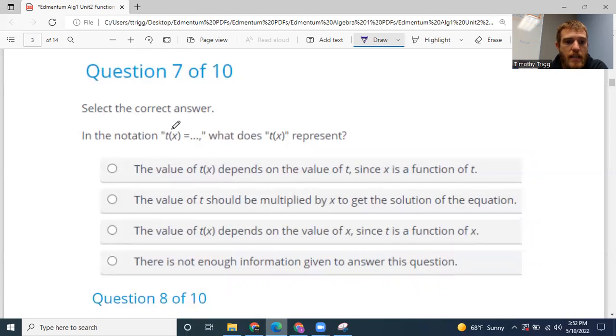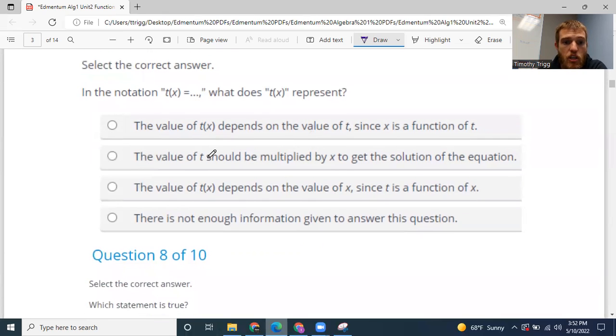The notation T of X equals blah, blah, blah. What does T of X represent? T should be multiplied by X. You should know that that's not correct. I explained that multiple times. No. In function notation, this doesn't mean multiply, okay?